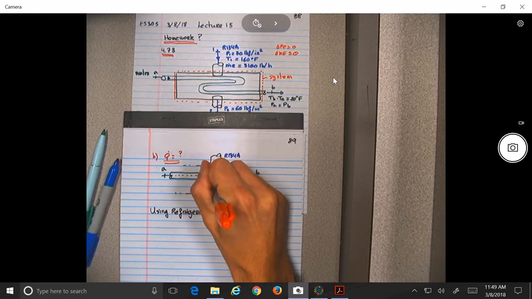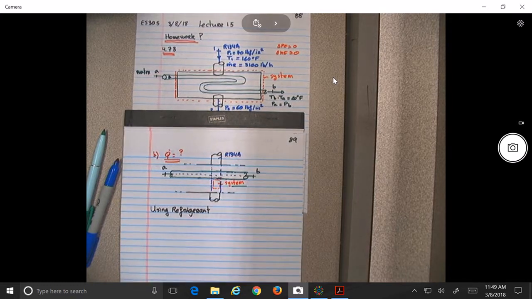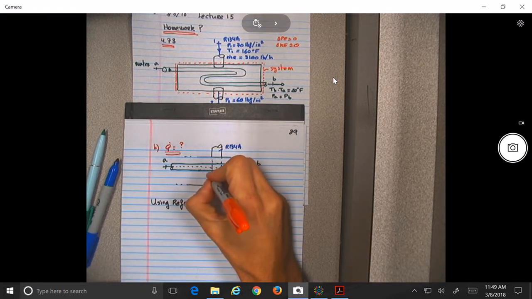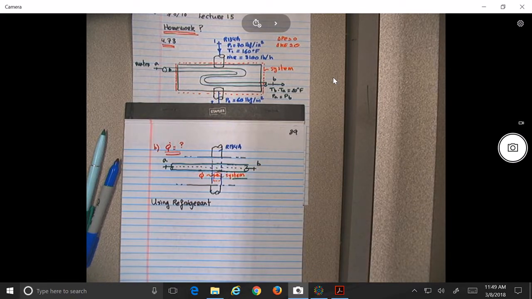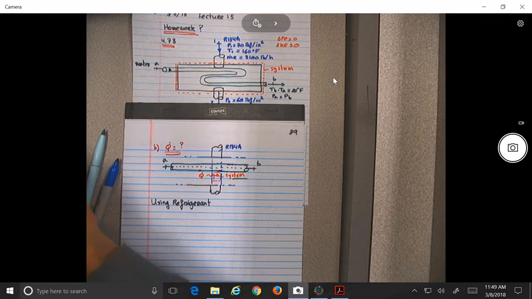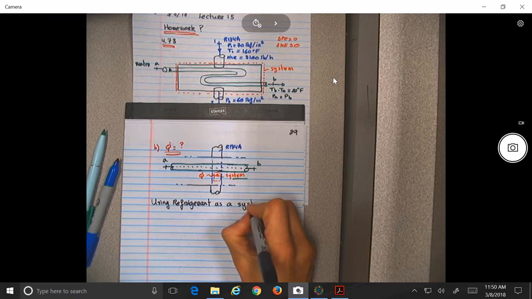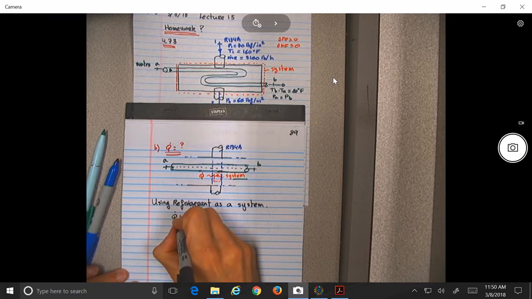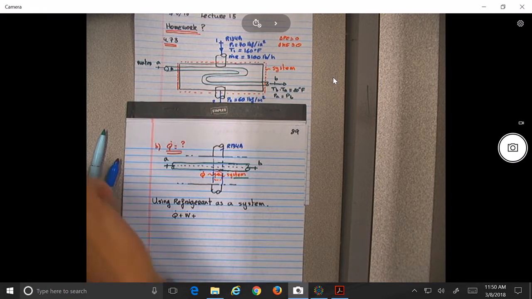Our system will be the refrigerant, no? Okay? So I don't know if it's coming in or out, but I'm going to assume that it receives heat, no? Okay? Because it is what we need to calculate. So now, if I write down the first principle of thermodynamics or energy balance for the refrigerant, what would that be? It would be Q plus work. Then we see what is 0, no 0. Plus what? What do we have then?